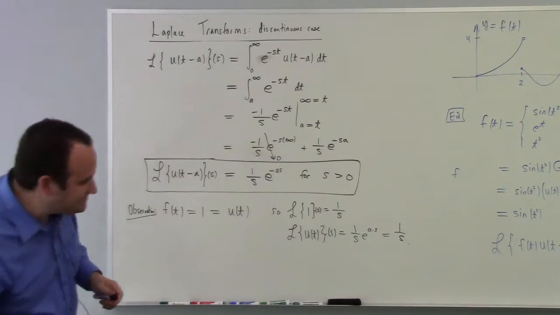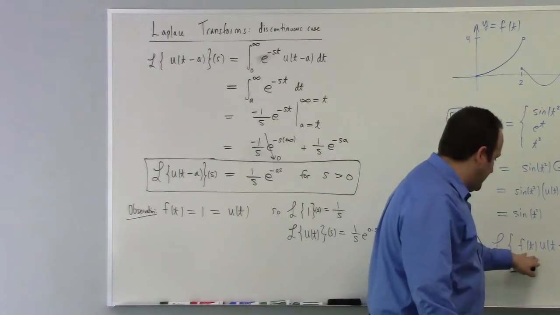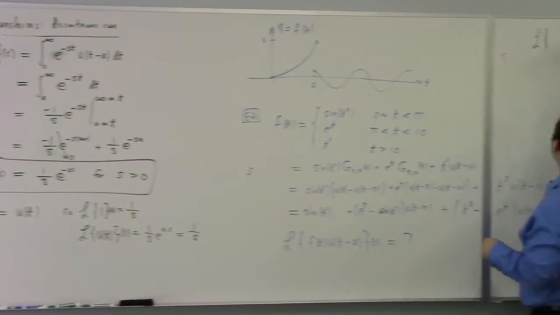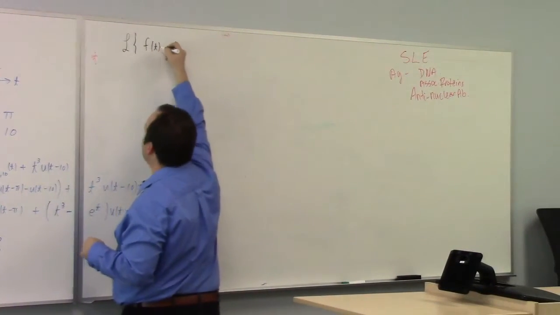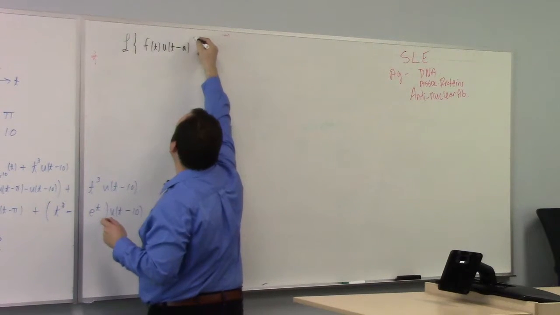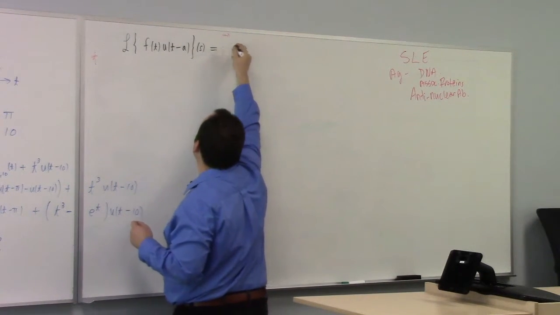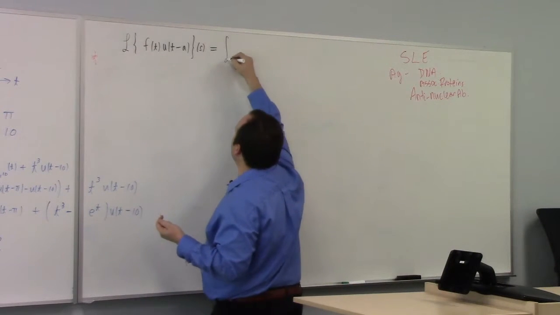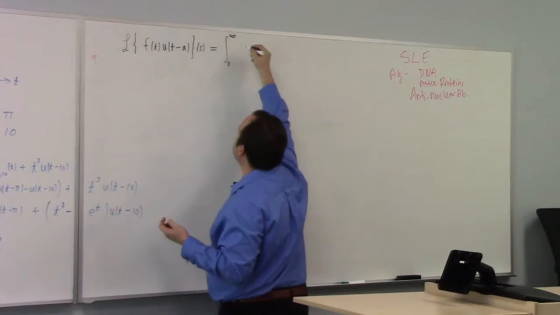Okay, so let us attempt to figure this out. What's the Laplace transform of a function, let's assume it's a Laplace transformable function, f of t times u of t minus a? How's that go? So let's calculate this. Integral from 0 to infinity, right?